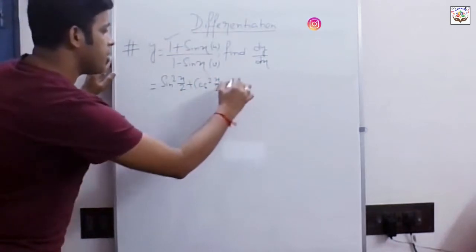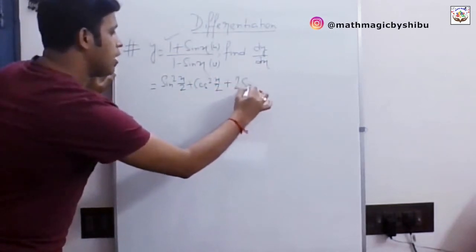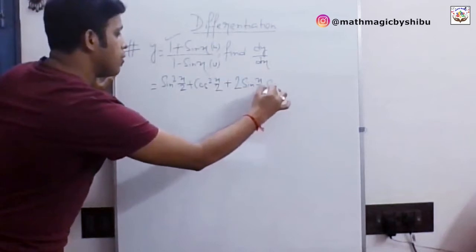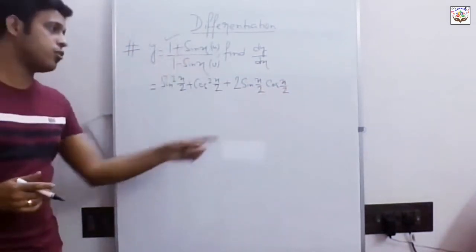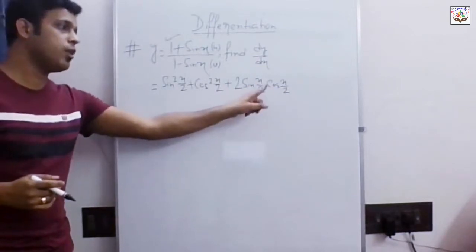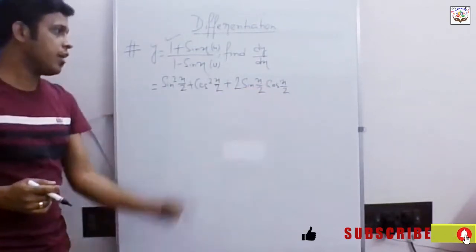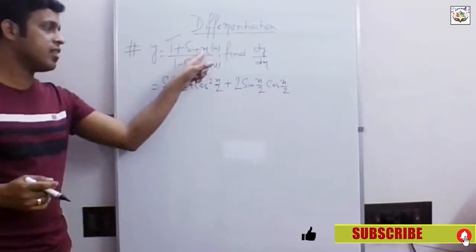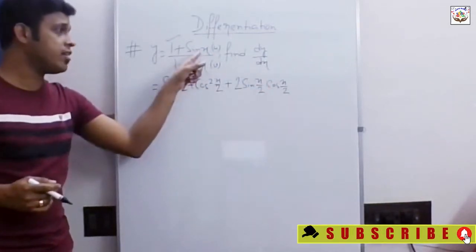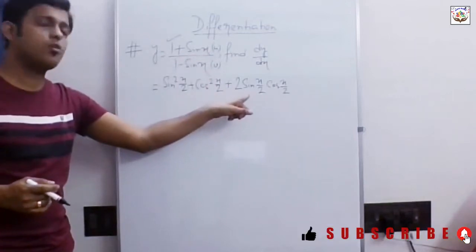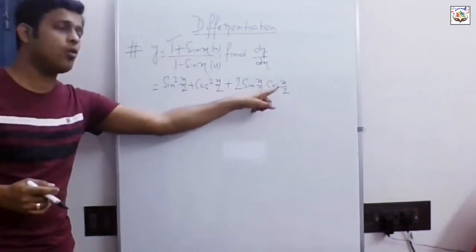And in trigonometry, we have a formula, you can write it down. Like sin x equals 2 sin x/2 into cos x/2. That means if it is sin x, then the angles will be half of that. Okay. If it is sin 2x, then it would have become 2 sin x into cos x.